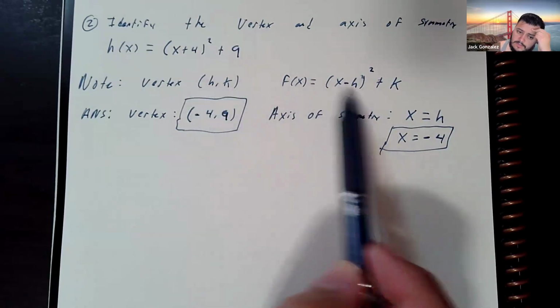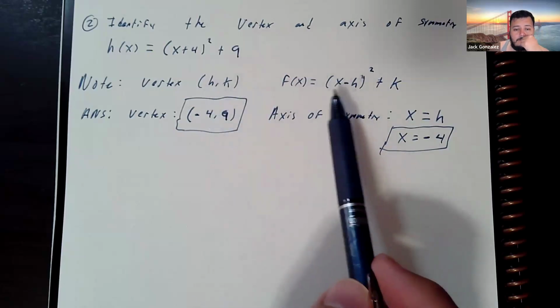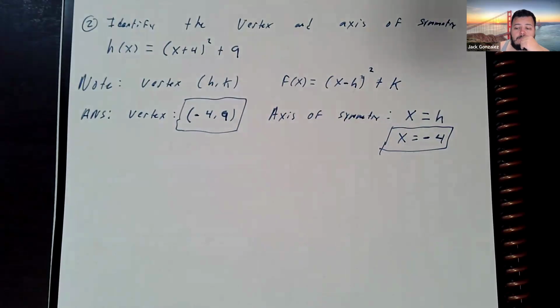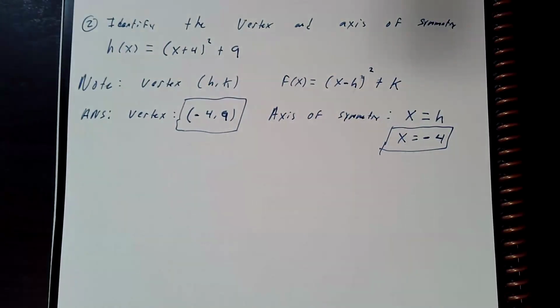If it's plus, it'll be minus h. So this became -4. So that would be the vertex, the middle, kind of.